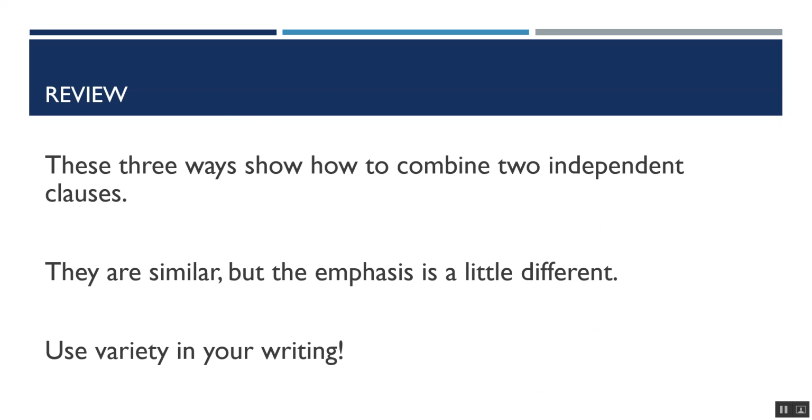They're very similar, but the emphasis is just a little bit different. So I encourage you as you're reading to notice when writers are using fanboys, when they use semicolons, and when they use em dashes. Pay attention to how other people use these, and you can start to see what you like, what you don't like, or what you want to use.